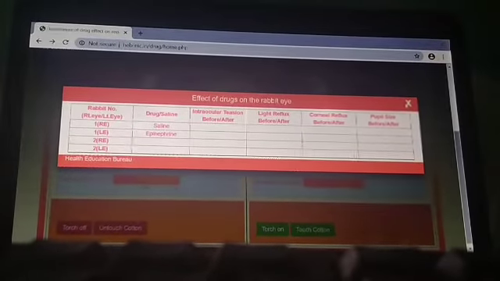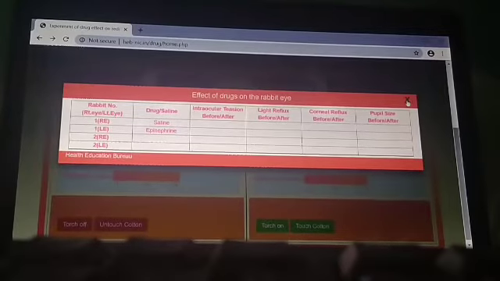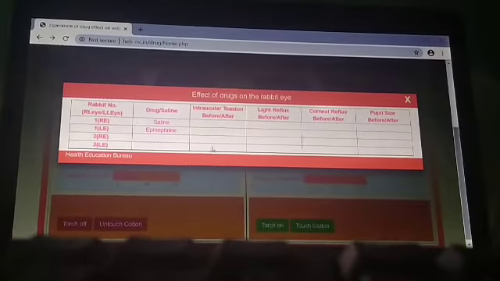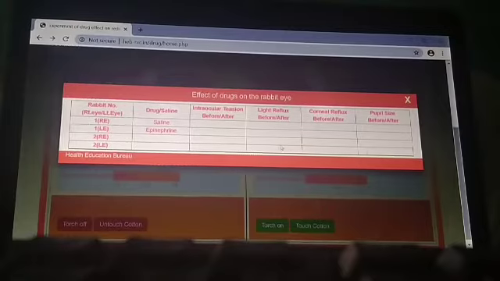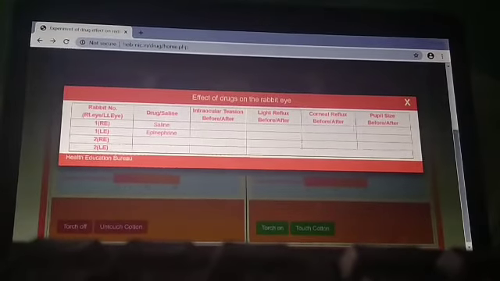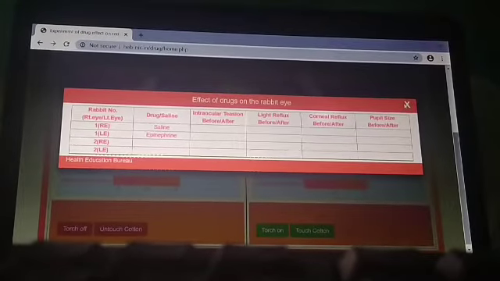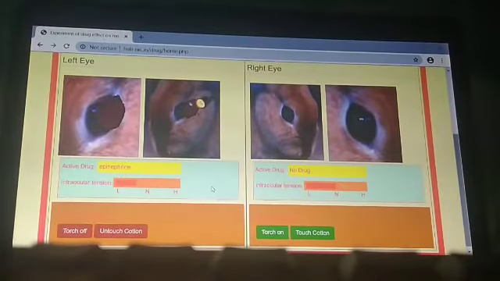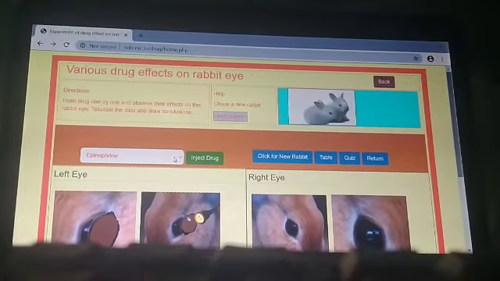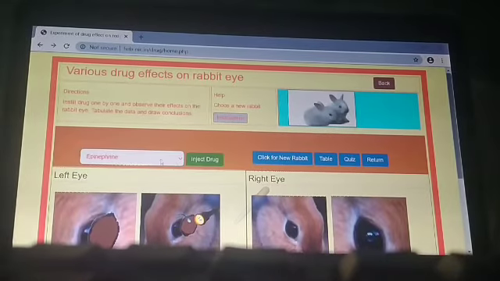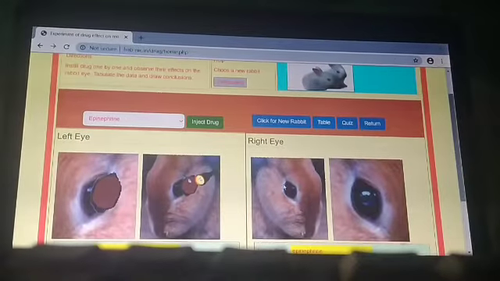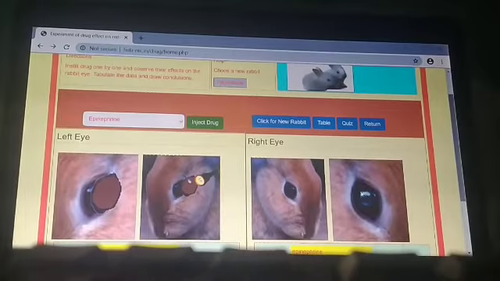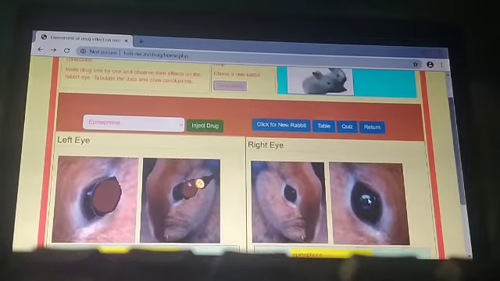So these are the things we have to make in a table form. Then again in a similar way, for this left as well as right eye we have to test. Next, suppose we inject the same drug in the right eye also, then we will see again there is a dilation in the pupil size.